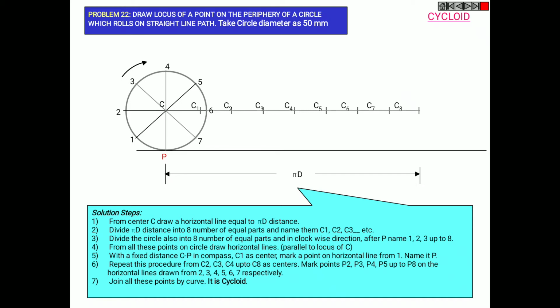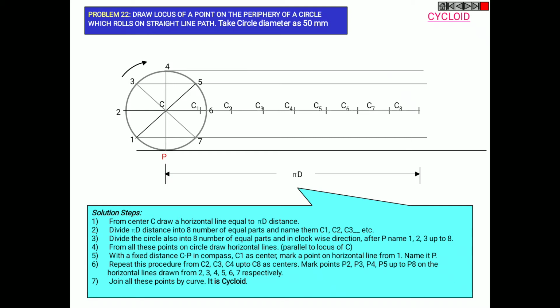Extend the horizontal lines from 1 passing through 7 and 3 passing through 5, similarly through 4. Now taking C to P as radius, measure the value in your compass and cut the arcs from C1, C2, C3 and so on to C8 so that it makes some points.